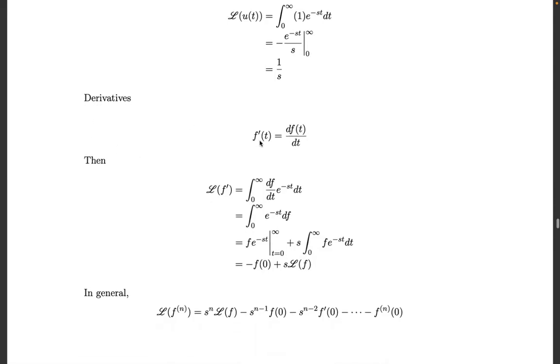For derivatives, f prime(t) is the first order derivative, equal to df by dt, right? If we use the Laplace transform on both sides, L of f prime equals the integral from 0 to infinity of df by dt times e to the minus st dt. The dt over dt cancel out, so it is the integral from 0 to infinity of e to the minus st df.